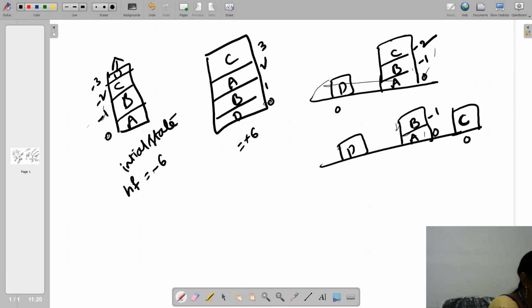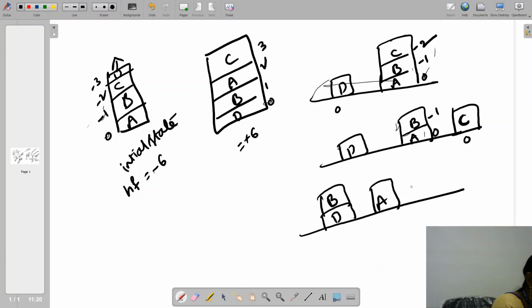Now I have to move B. Whenever I am moving B, I have to see my goal state. So B is on D. So I keep D, and here is B. Then this is A and this is C. This is 0, 0, and this is 0, 1.